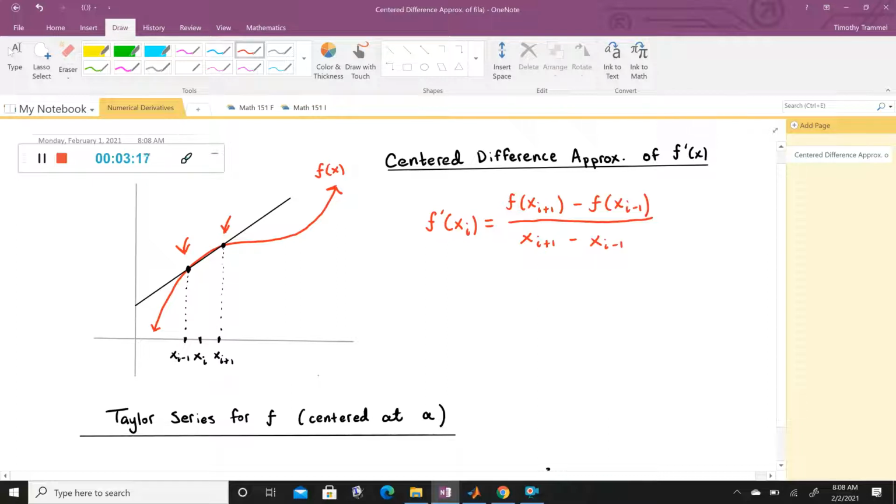Okay. And now if we were to add in one more thing here, if we were to call this small change from this center piece to the endpoints h, then the change from x sub i minus 1 to x sub i plus 1 is going to be 2h.